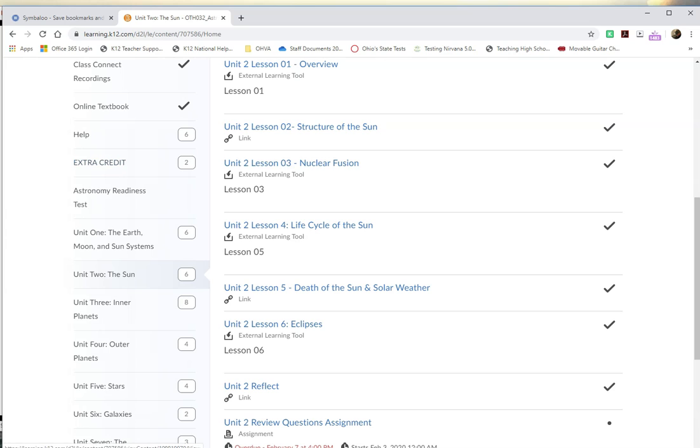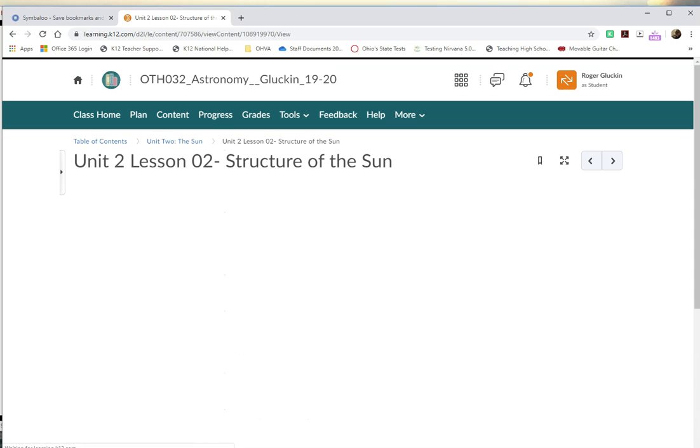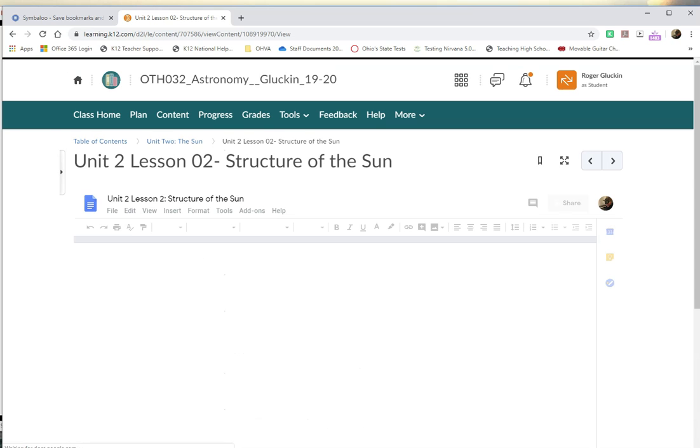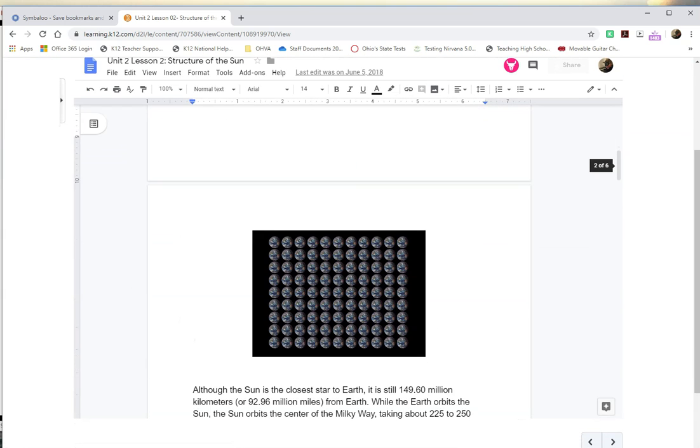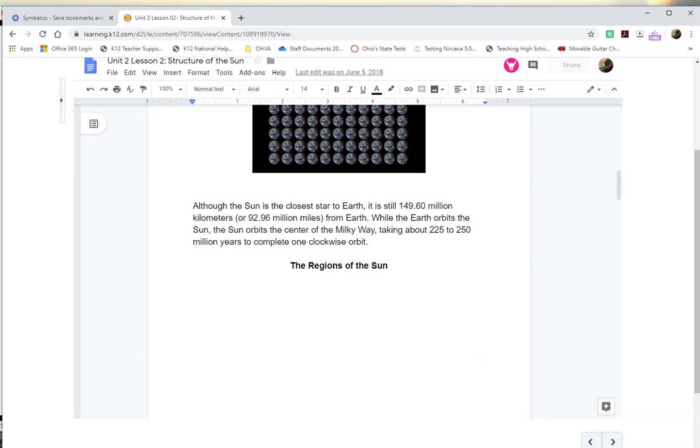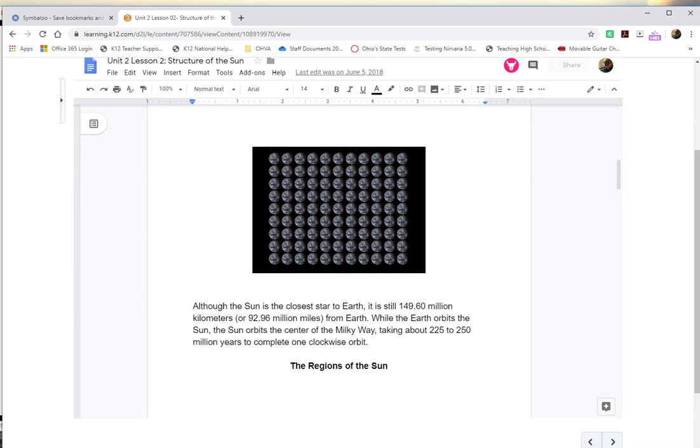If you want to find the answer to that question, you should probably go to Lesson 2 in Unit 2. That's where it talks about the structure of the sun, and as you scroll down, you'll find information about the different regions of the sun. So that's what we're looking for there.